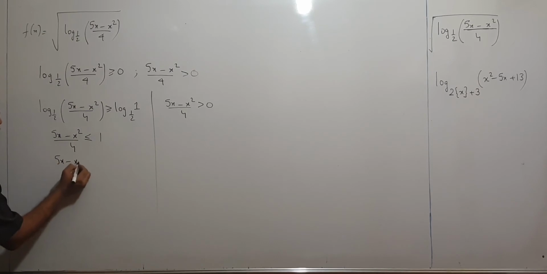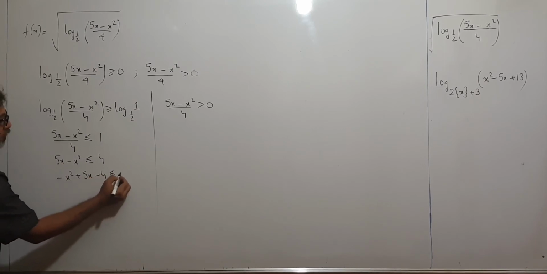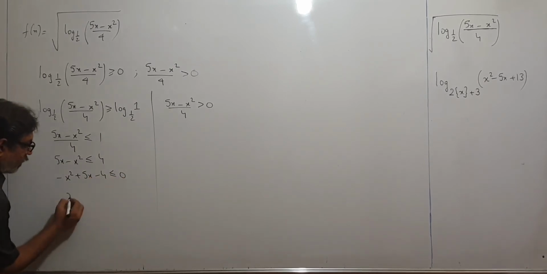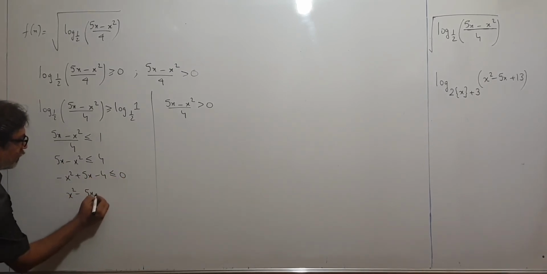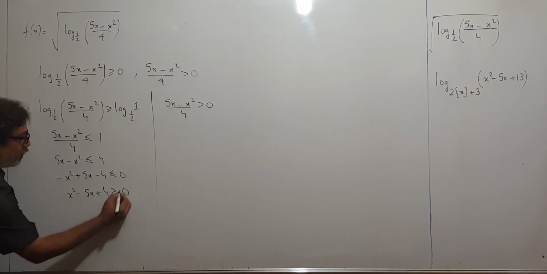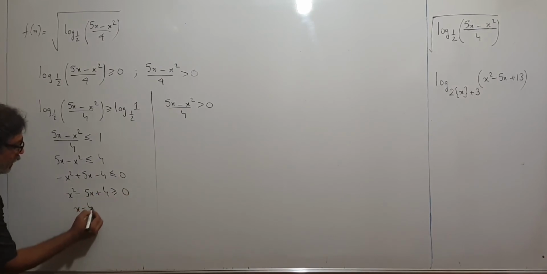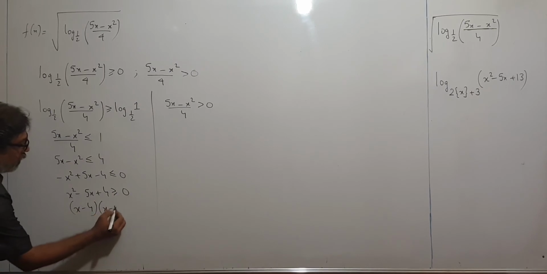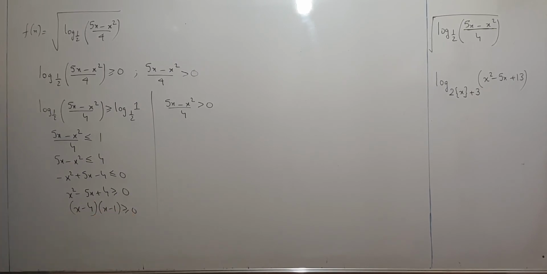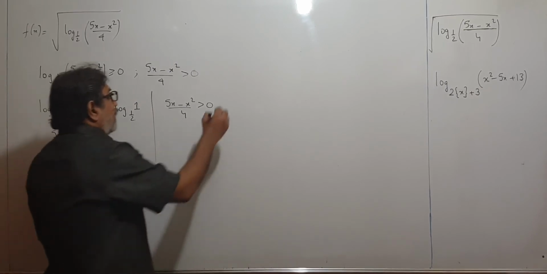So 5x minus x square less than or equal to 4, minus x square plus 5x minus 4 less than or equal to 0, x square minus 5x plus 4 greater than or equal to 0, (x minus 4)(x minus 1) greater than or equal to 0. I write over here.